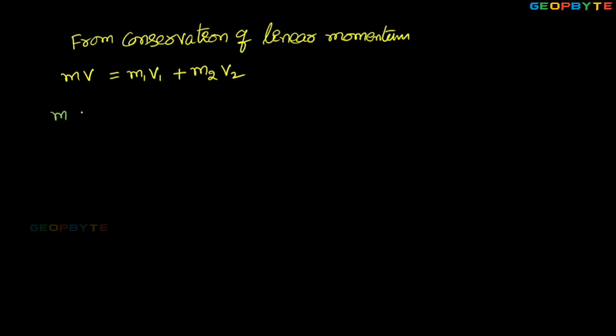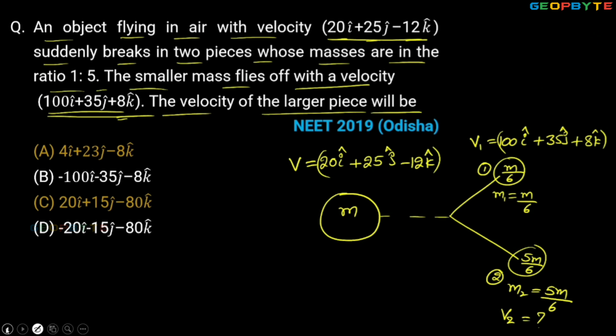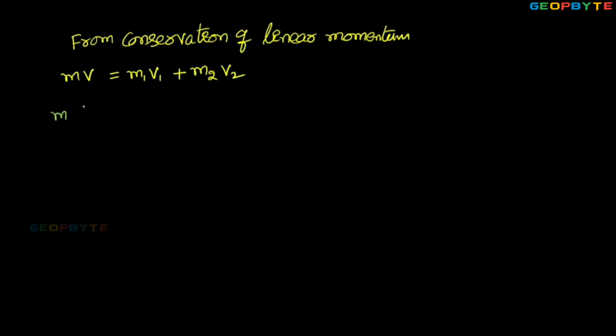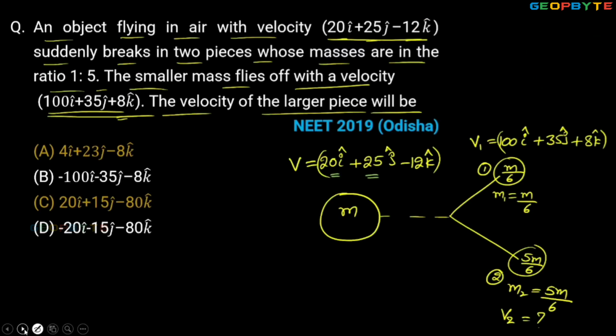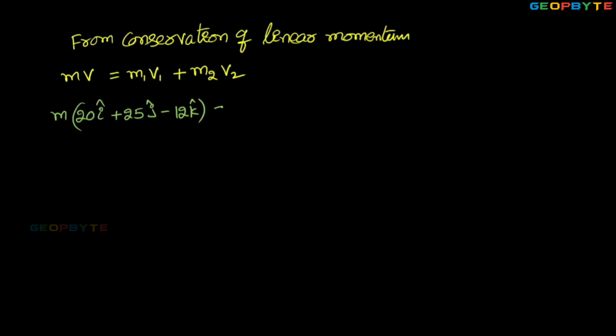Here m into v equal to 20 i cap plus 25 j cap minus 12 k cap, which is equal to m1 v1. m1 is m by 6, into v1.